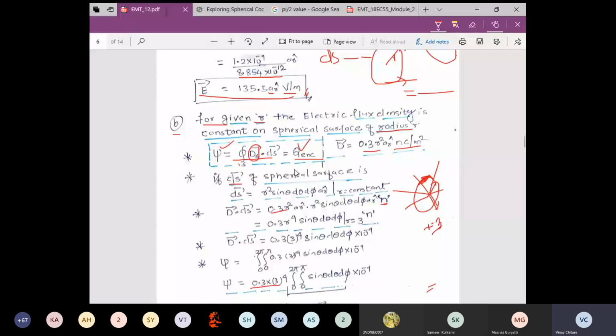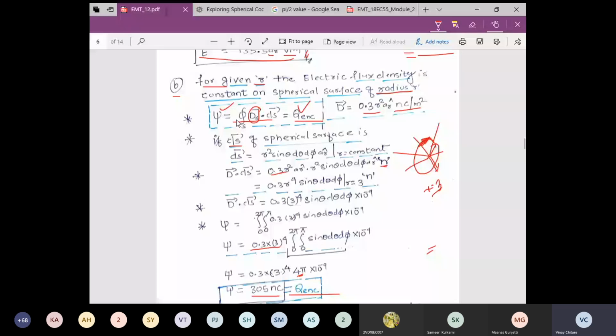So if I go by simply looking at the mathematics, what I need to do is find the differential area of the sphere.